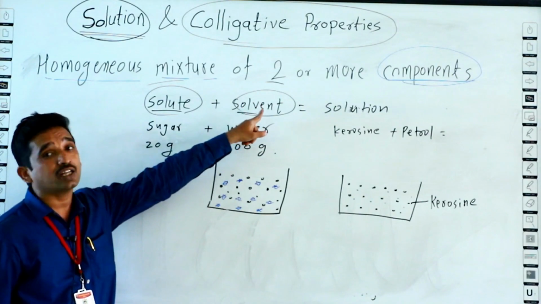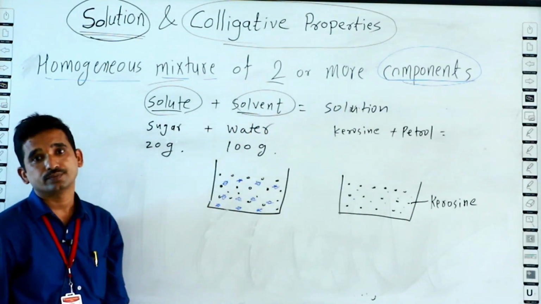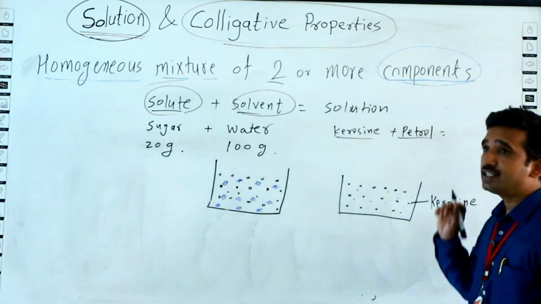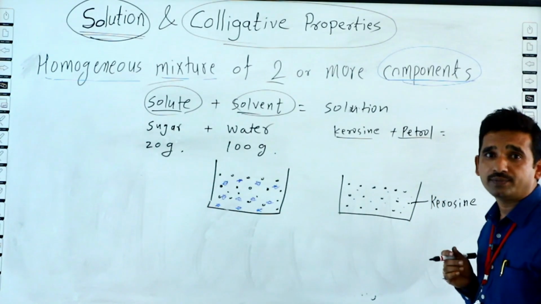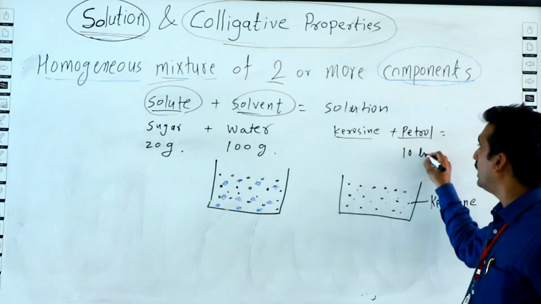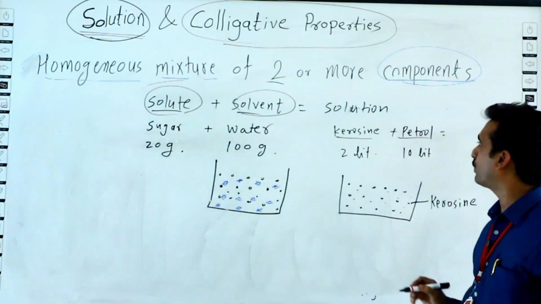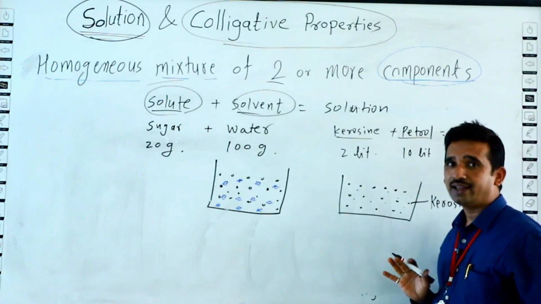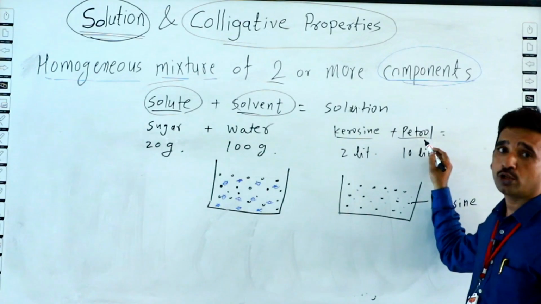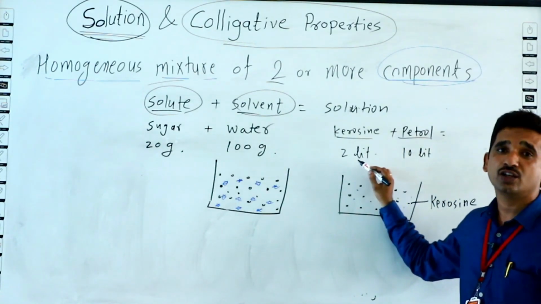So water is the solvent and sugar is the solute. In the second example, there is a mixing of petrol. If 2 liter of kerosene is added to 10 liter of petrol, there is a large amount of petrol, so petrol is the solvent while kerosene is the solute.